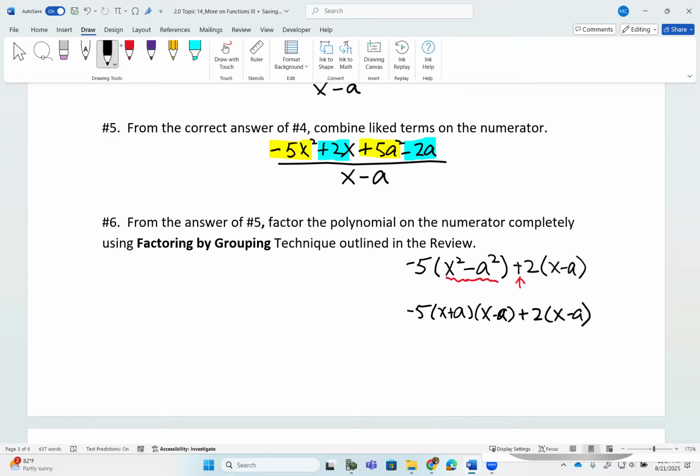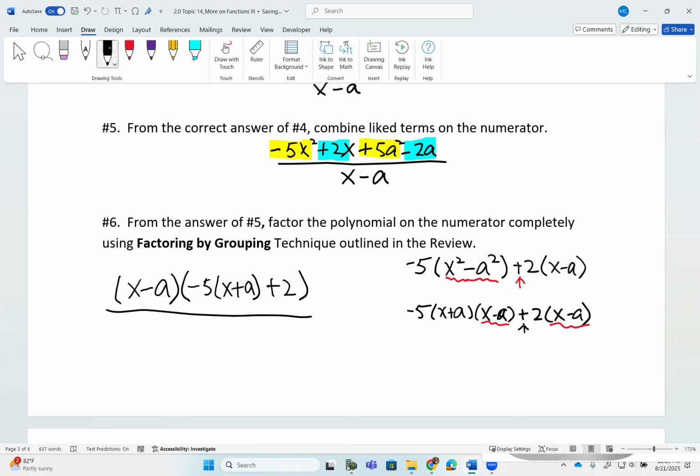So now, with this plus sign outside the parentheses, I still have two terms. What matches between the two terms is the x minus a. So I'm gonna factor out the x minus a, right? Then what's left for the first term will be negative 5 times parenthesis x plus a. And what's left for the second term will just be a positive 2.